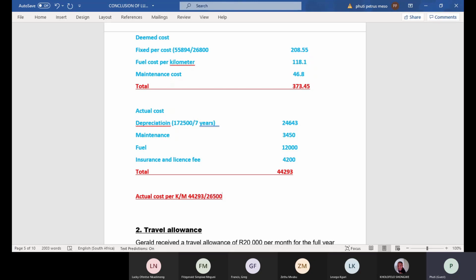You remember the 26,500? Yeah, I remember it. So you would say 44,293 divided by 26,500, and then you get 1.67, and then you multiply this by 100. It's 167.14. Okay, that's your total here.